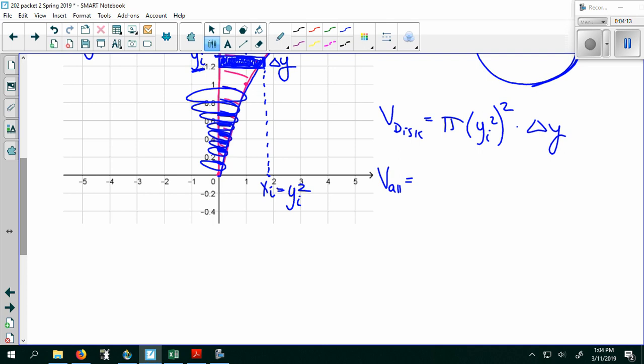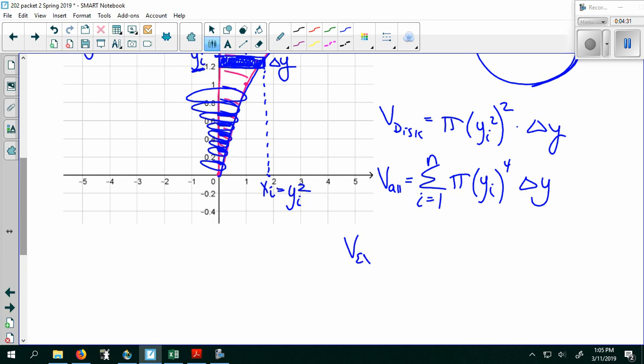Each disk has a formula: pi times y sub i to the 4th, because squared squared is to the 4th, times delta y, and I'm going to add up n of them. Then I'm going to take a limit as n goes to infinity.